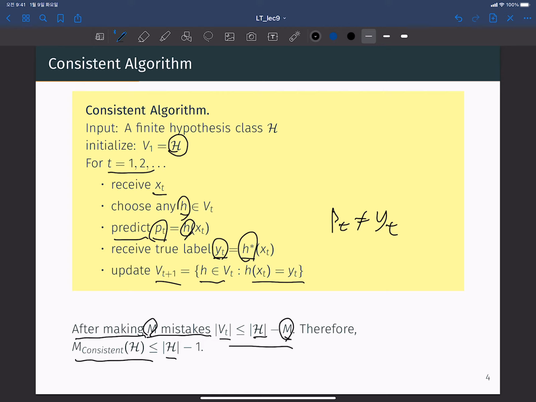But this is a very naive approach. We just purely randomly choose one hypothesis and then erase hypotheses that do not match the true label. So we can do better using one simple trick.